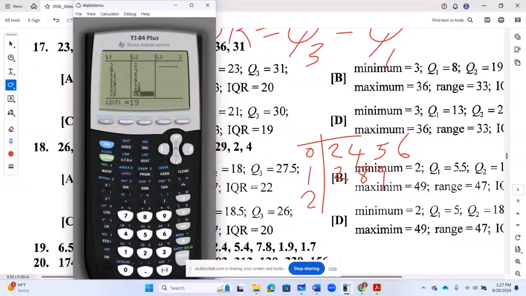Make sure you have sorted in ascending order. And so I have 2, 3. Now I have 1, 8, 1, 9, and then I go to 2, 1, 2, 6, 2, 9, and then I go to 3. I have 3, 1. I go to 4. I have 4, 9.